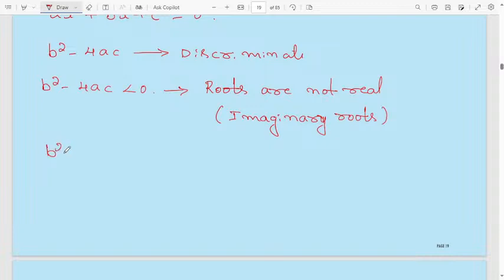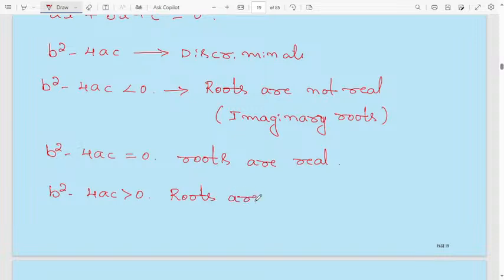Then if b square minus 4ac is equal to 0, then roots are real and equal. Next, if b square minus 4ac is greater than 0, meaning positive, roots are real and distinct.